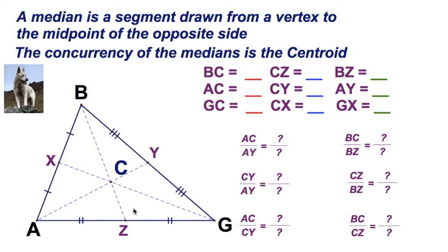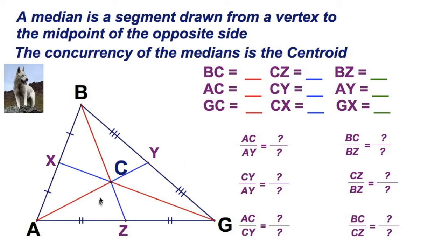If this was a uniform object, and I just put my pencil on it right here, if this was stamped out of, let's say, a uniform piece of cold rolled steel, that would be the balance point right there. Now, I'm going to shade or darken these segments up a little bit because we're going to measure the pieces of the segments.